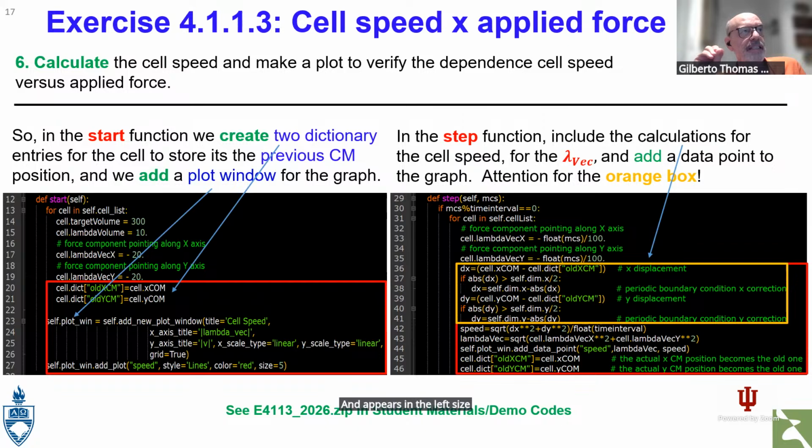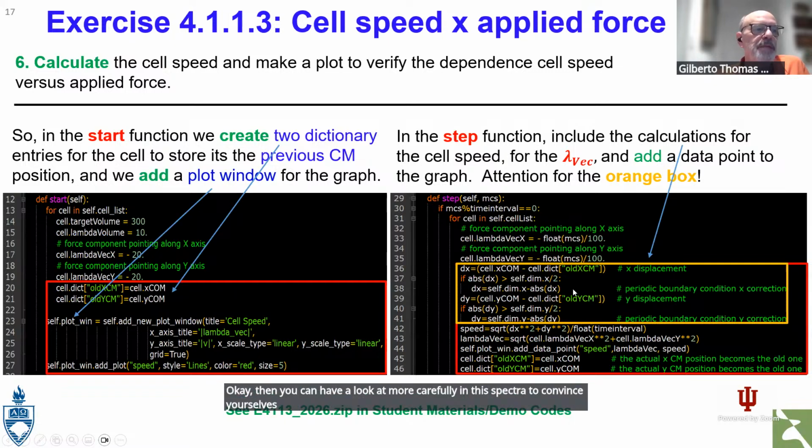So we have to correct this delta x with a simple operation, corrected by the length of the grid. Then you can have a more careful look at this expression to convince yourselves that this must be done.